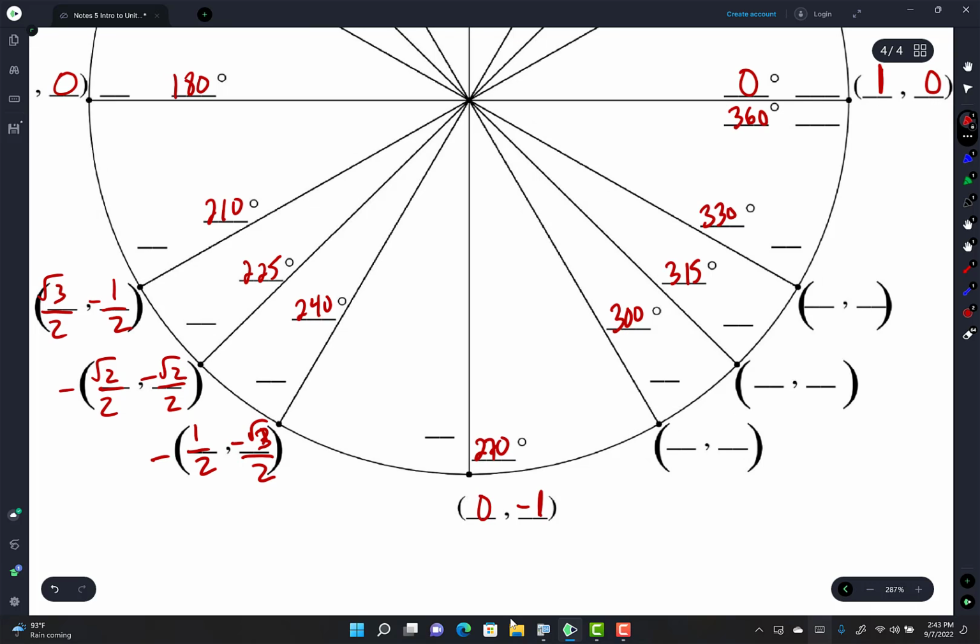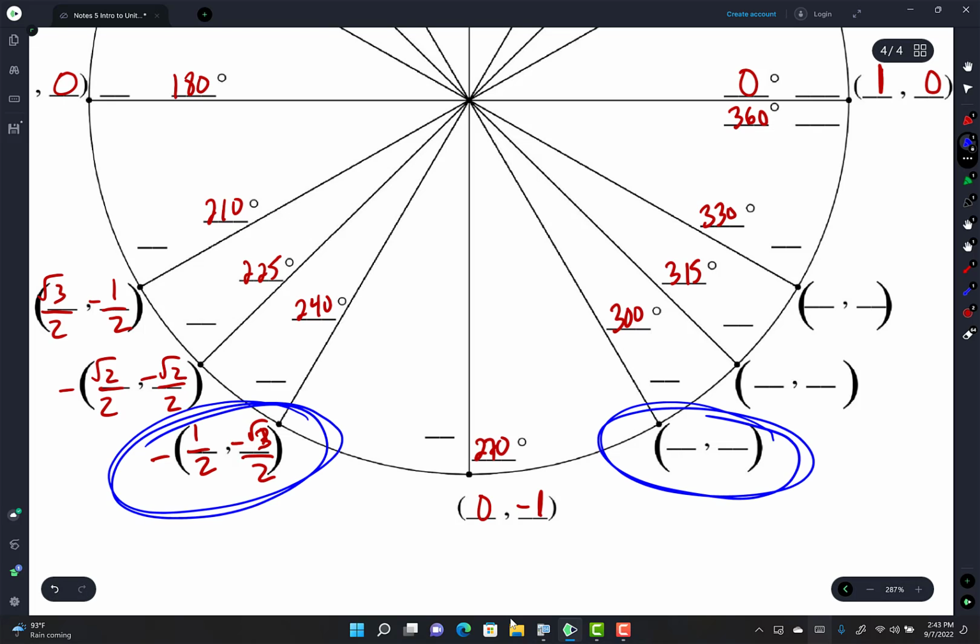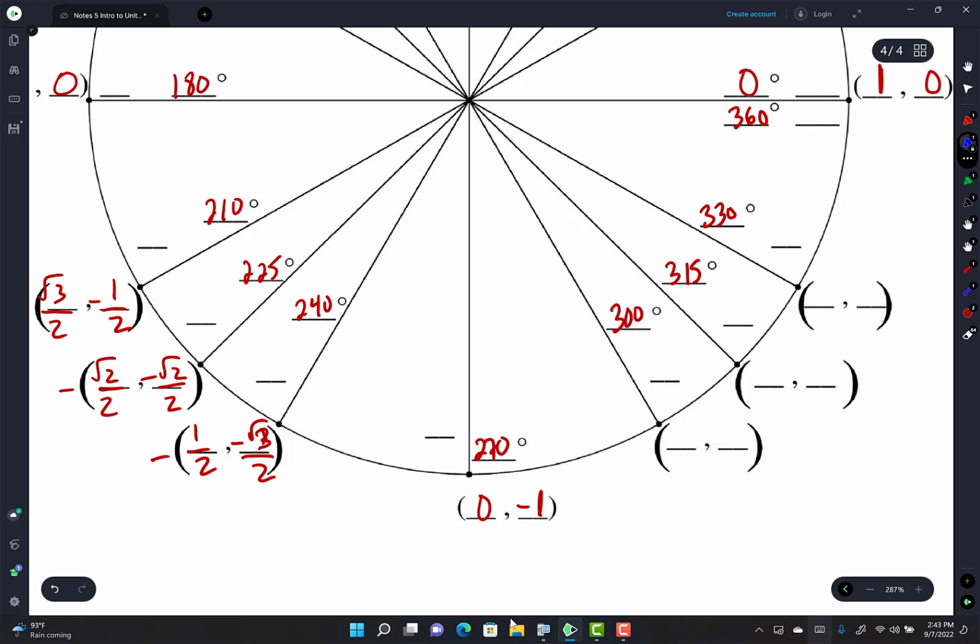Okay. In quadrant 4, again, take a quick pause. If you're about to fill in quadrant 4, this coordinate right here is symmetric to this one. See? Transfer the magnitudes. In quadrant 4, what's negative? The y. So make the y's negative. Keep the x's positive. 1/2, negative square root of 3 over 2.